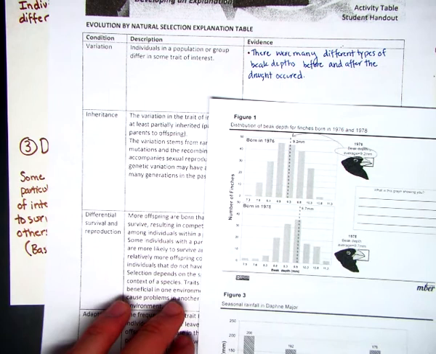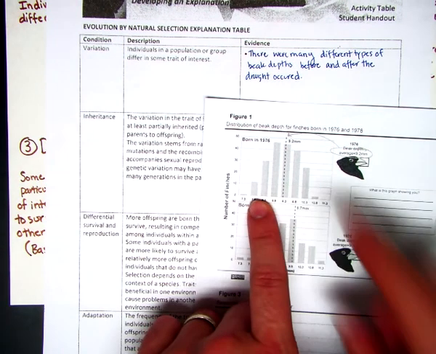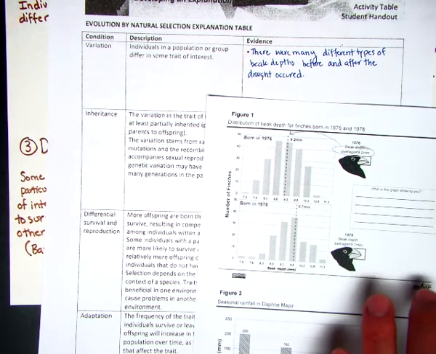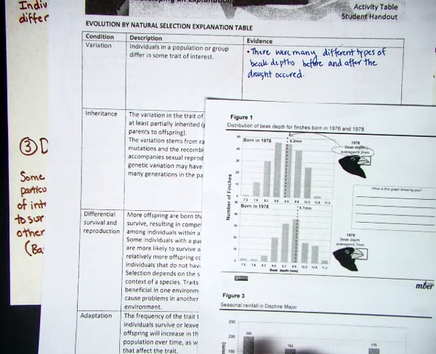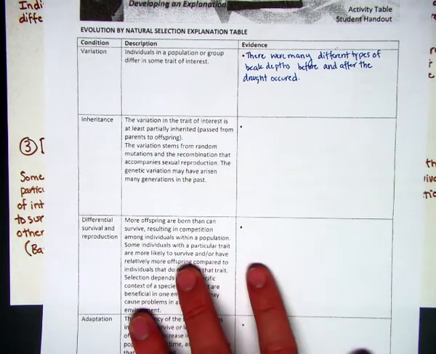We have evidence of that, which are these graphs showing the variation. That's my evidence from the Finch story.